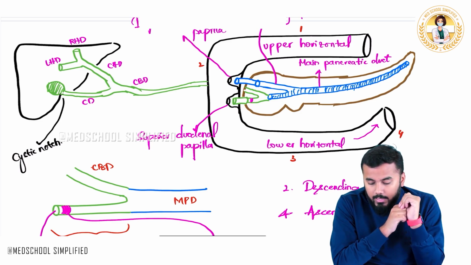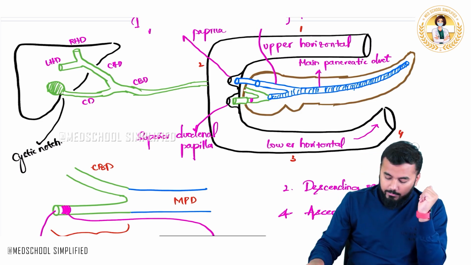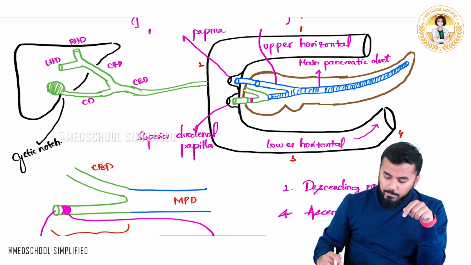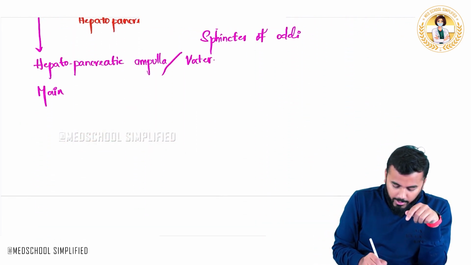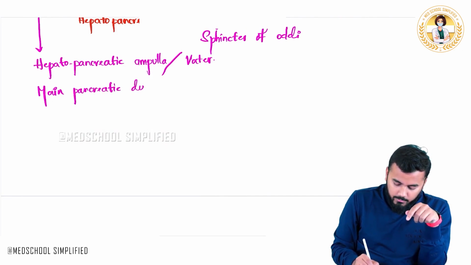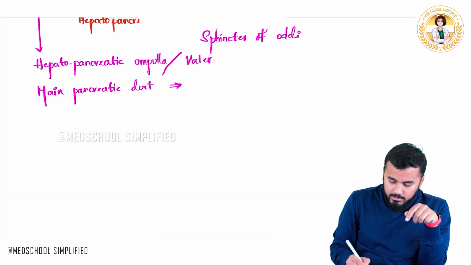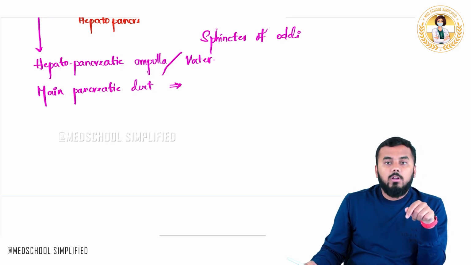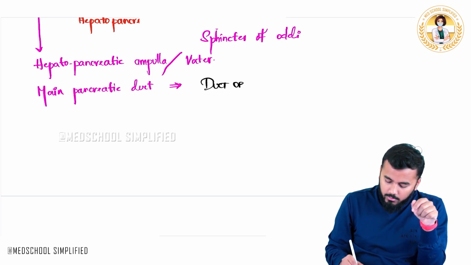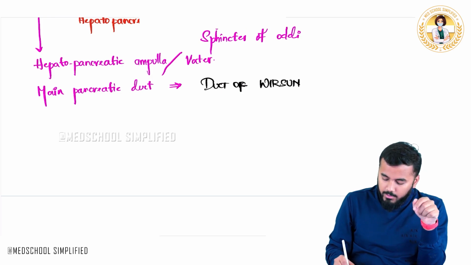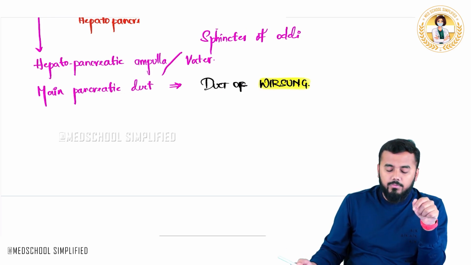Right? Now, one very important thing you need to know is that this main pancreatic duct is given another name, and that is called the duct of Wirsung.